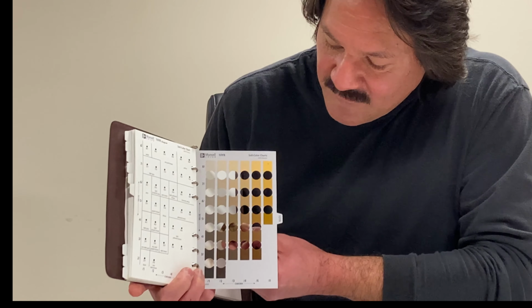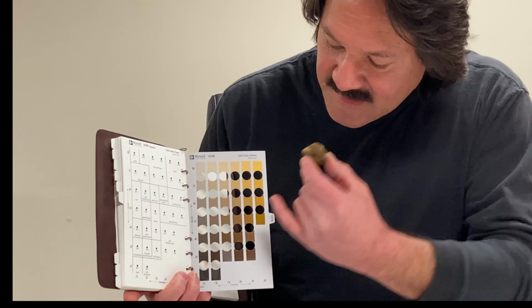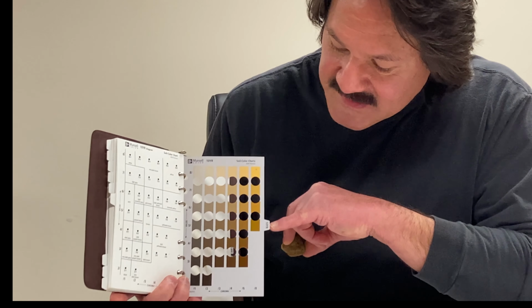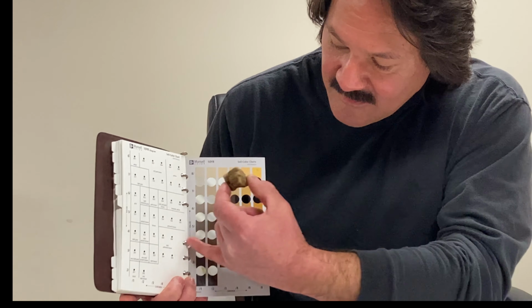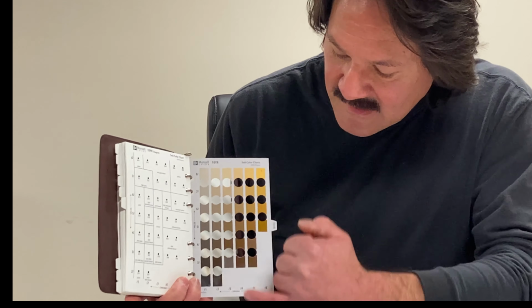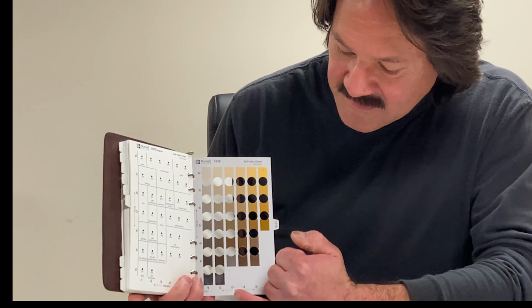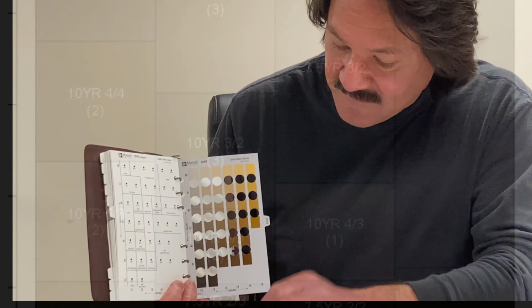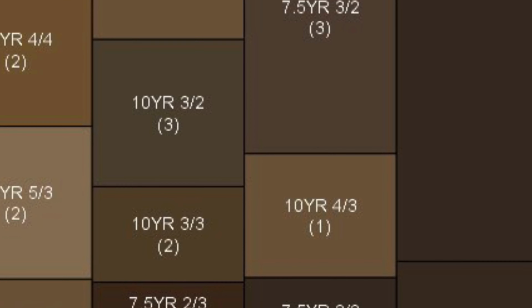So just like we read before, if it's this chip, then we read the hue first, which is 10YR, and then read across to the value, which is 4, and then we read up and down to read the chroma, which is 3. So for this particular sample, the Munsell notation is 10YR 4/3.